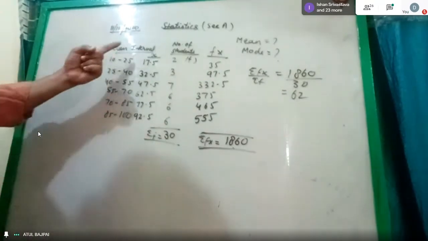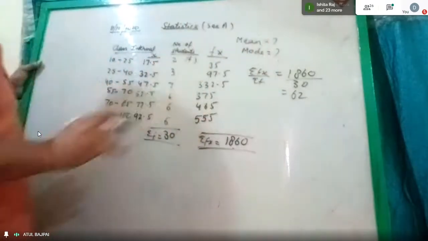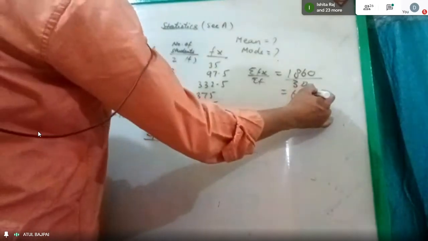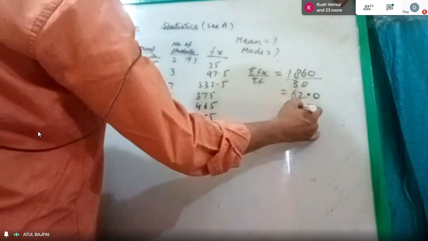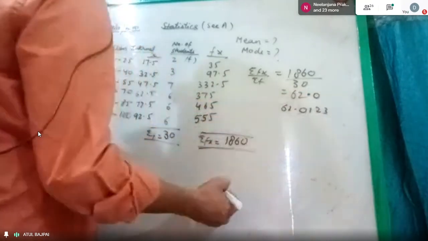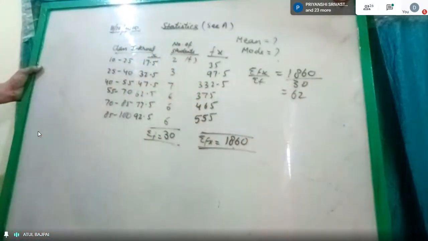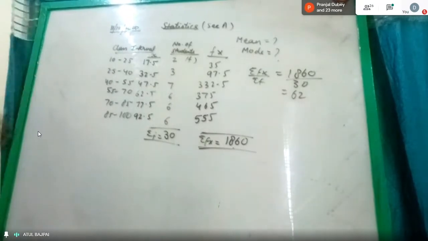Because the questions, it's not always necessary, but for safety, we always write up to at least decimal places. Sometimes you may get 62.0123, so don't write 62. Write whatever you get. Here we are getting the exact same, no problem. But in case you get 62.01, the right answer is 62.01. Don't round off, don't approximate until they ask.